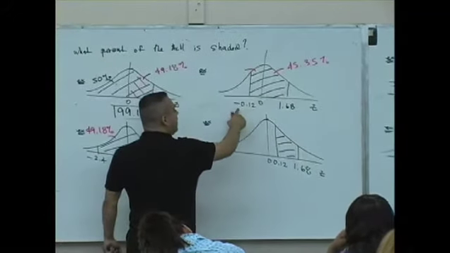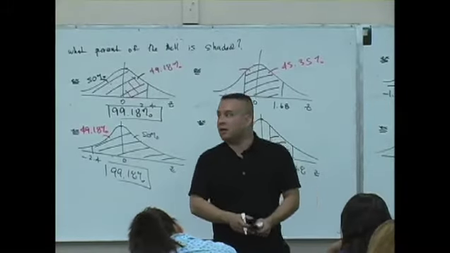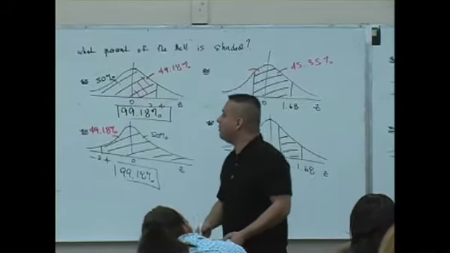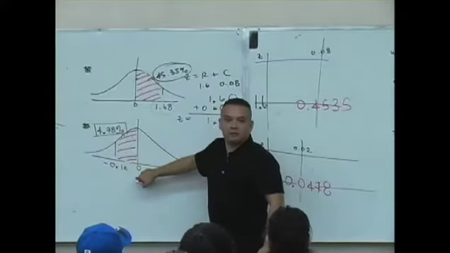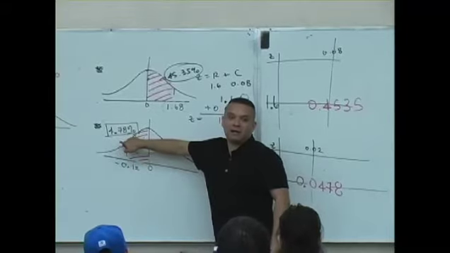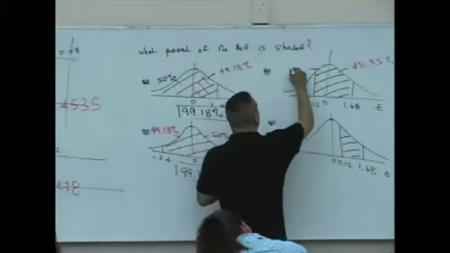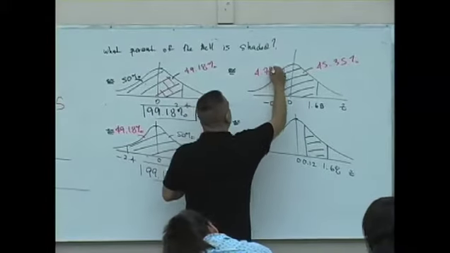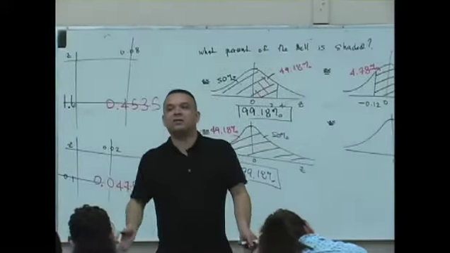From 0 to a negative 0.12. Because of symmetry, we look at 0 to a positive 0.12. Didn't we do that one already too? How much is there? $4.78. So how in the world do I deduce the final answer?